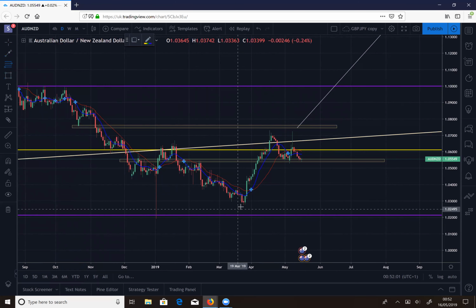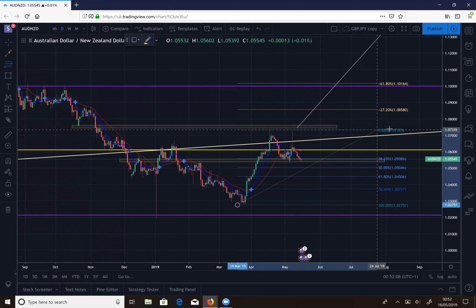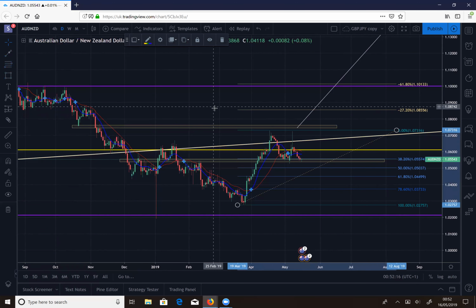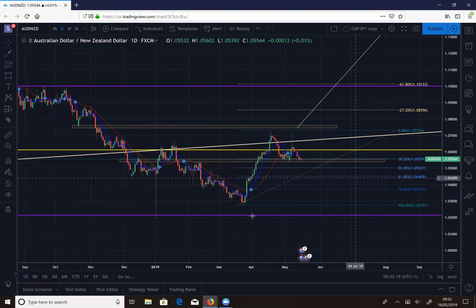All right, so let's use the Fibonacci tool from the last significant low and drag it up towards the next significant high. Okay, excellent. So we can see a few complements here.